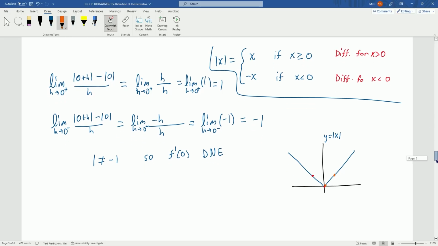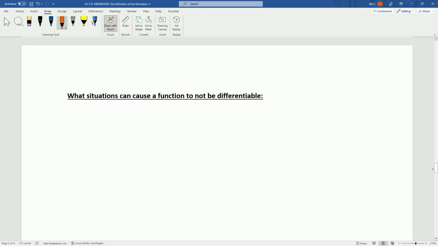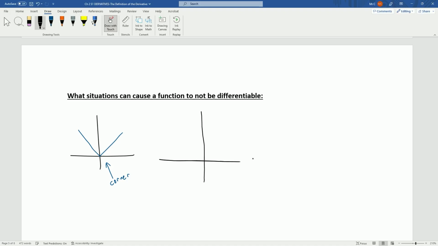So let's ask ourselves a little more generally. What situations can cause a function to not be differentiable? Now this might not be an exhaustive list, but here are some common situations. If we have, like what we had before, a corner, or we might have what we call a cusp.